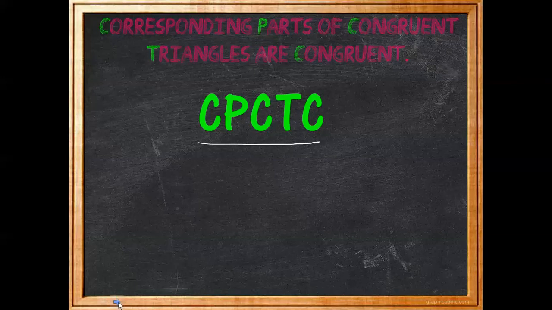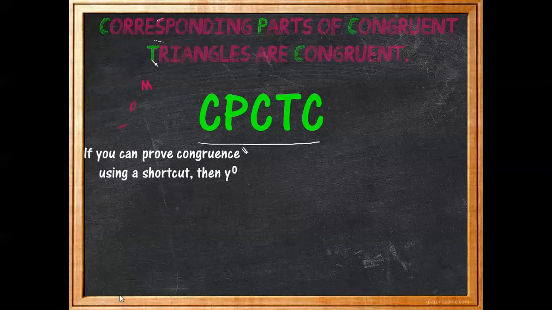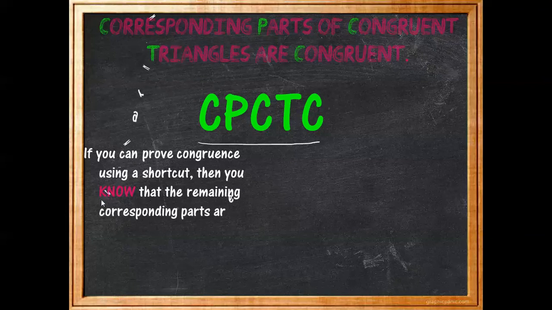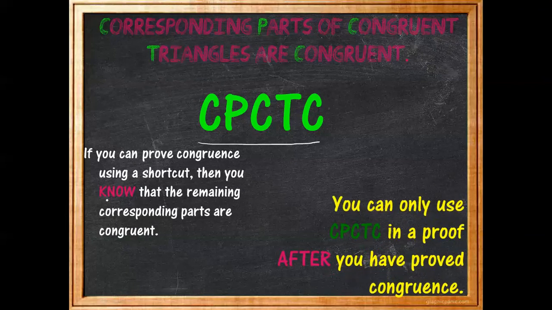We're going to use this a lot. Once you know CPCTC, you will use it a lot in proofs. So it's really important that you understand it, okay? What it says is that if you can prove congruence using a shortcut, then you know that all of the remaining corresponding parts are congruent. You can only use CPCTC in a proof after you have proved congruence.